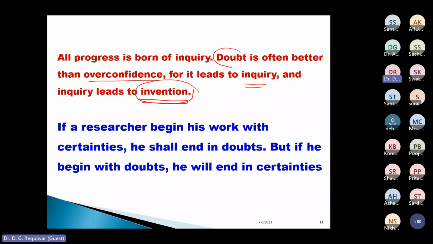So doubt is a beginning and invention is the end. One good statement is there: if a researcher begins his work with certainties, right from the beginning, everything is fine, like that, he shall end in doubts.